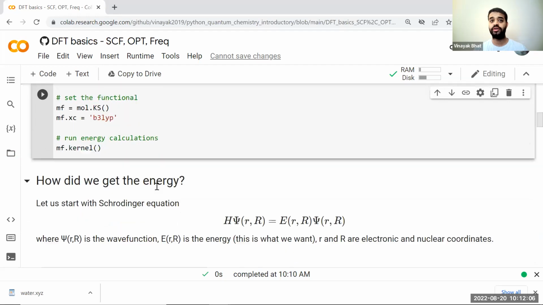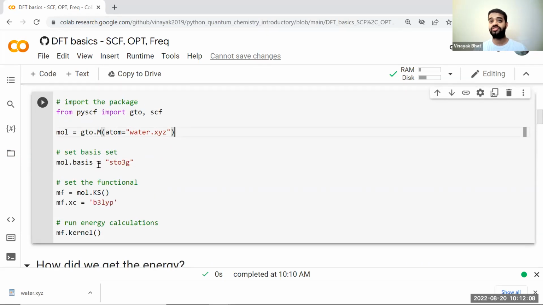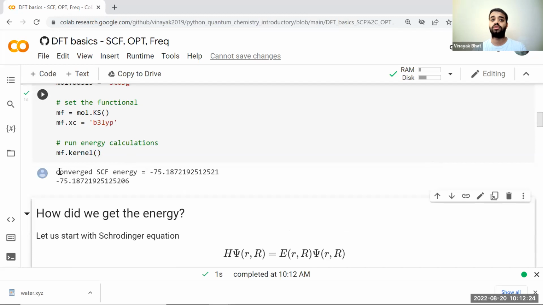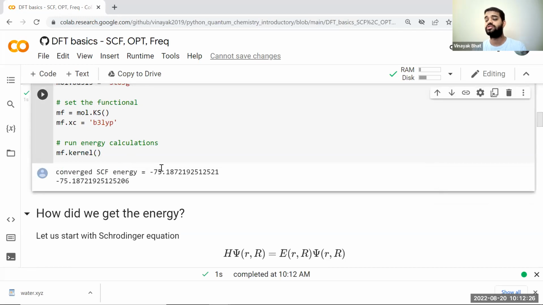And once it's loaded, we will use some basis set, and in this case we use STO-3G, and some functional. These are the parameters that you need for running DFT calculations. You would put in B3LYP and finally say run calculation. So this will give you something called converged SCF energy. And this is where we ended the last session. We got a value for converged SCF energy.